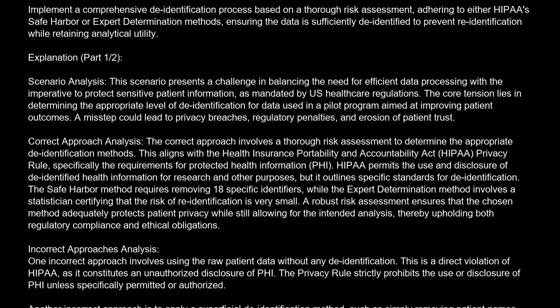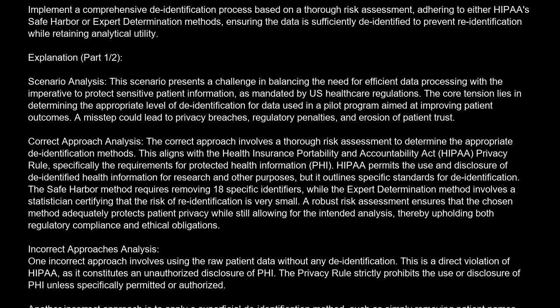Correct approach analysis. The correct approach involves a thorough risk assessment to determine the appropriate de-identification methods. This aligns with the Health Insurance Portability and Accountability Act, HIPAA privacy rule, specifically the requirements for protected health information. HIPAA permits the use and disclosure of de-identified health information for research and other purposes, but it outlines specific standards for de-identification.